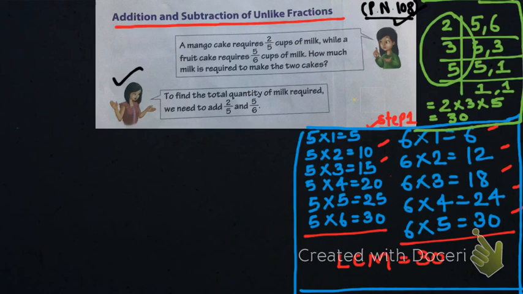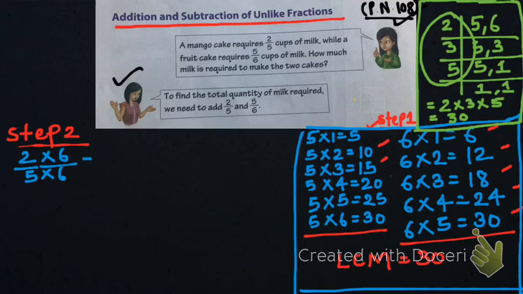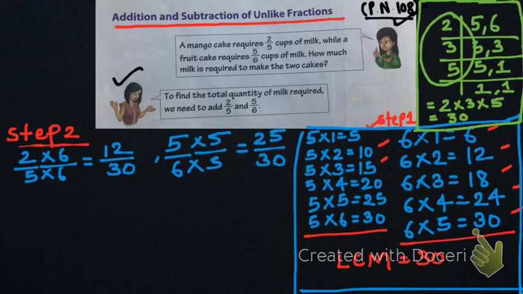Okay, then go to the next step, that is step number 2. So here we have two fractions, 2 upon 5 and 5 upon 6. First you need to make their denominators the same. So multiply 5 by 6, it will give 12 upon 30, and similarly multiply the denominator of 5 upon 6 by 5, which will give you 25 upon 30.